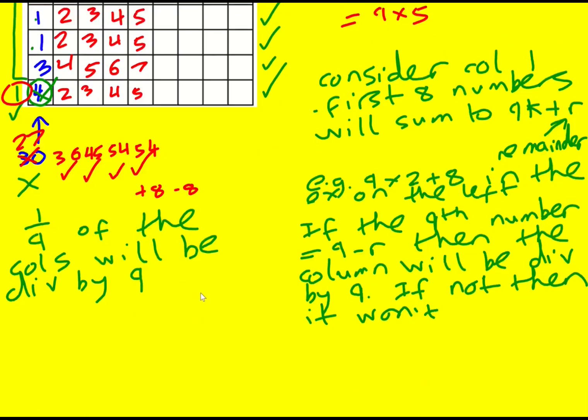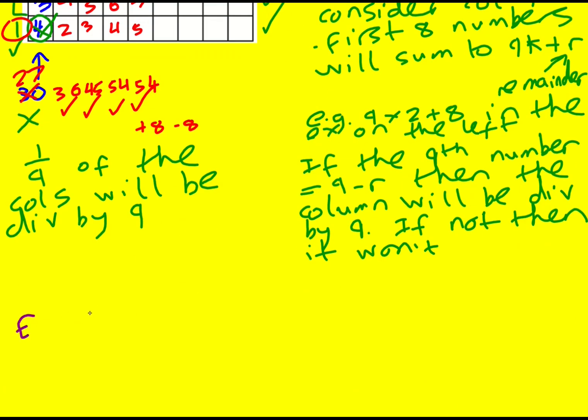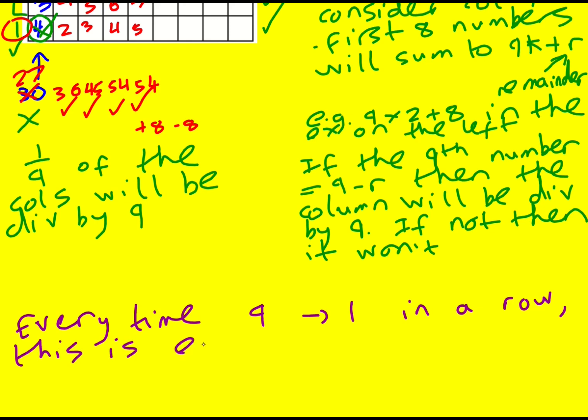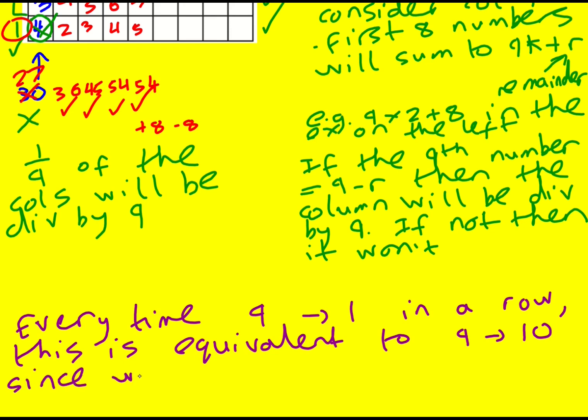And to put this in words, every time 9 goes to 1 in the grid, in a row, this is equivalent to 9 going to 10, since we are only interested in the divisibility by 9.